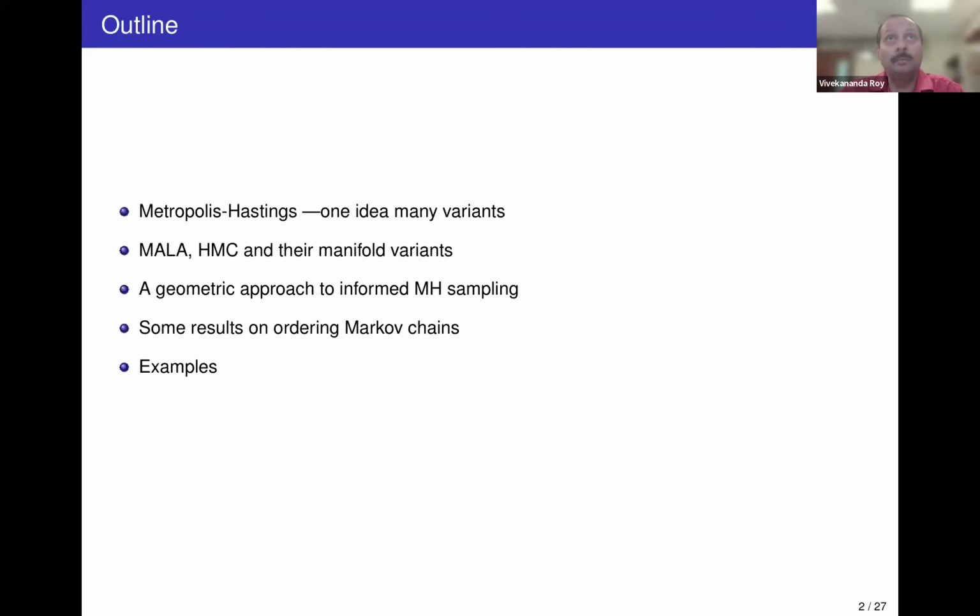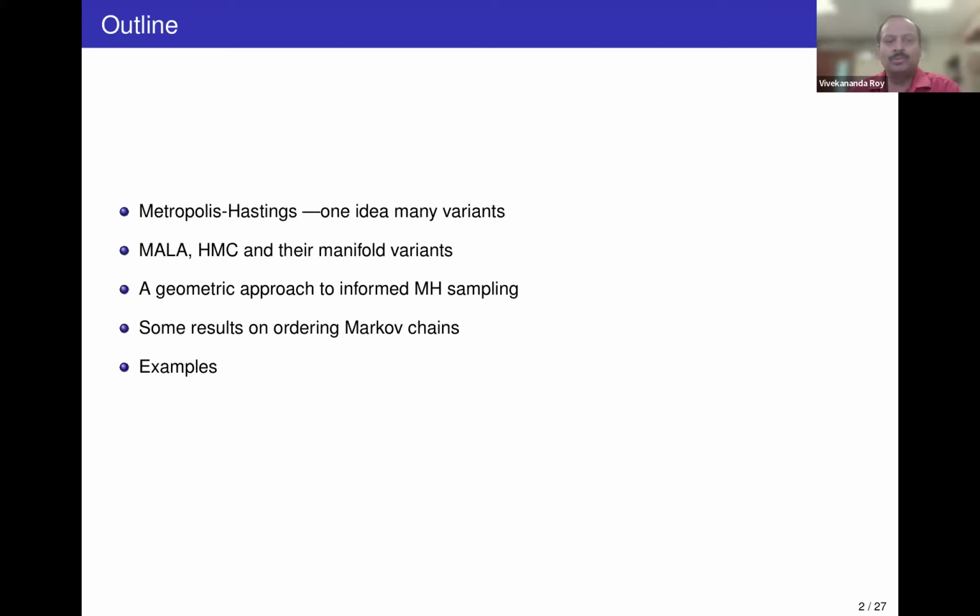Then I will talk about the manifold variants of these algorithms that have been developed in the literature. This will lead us to the discussion and construction of a new approach to construct a geometric MCMC method that I'm going to describe here.